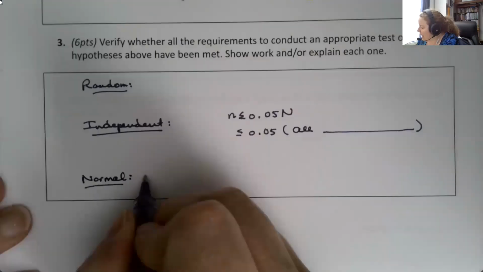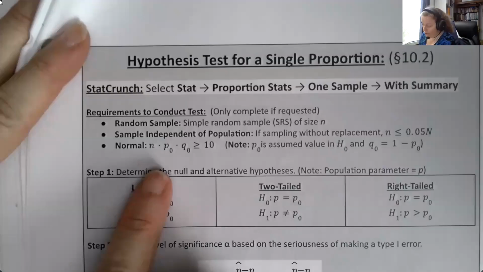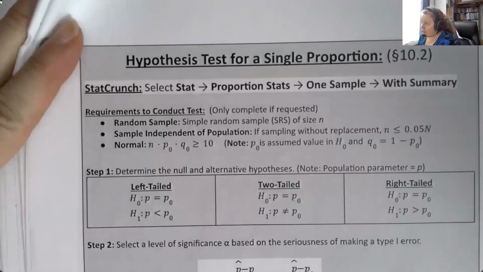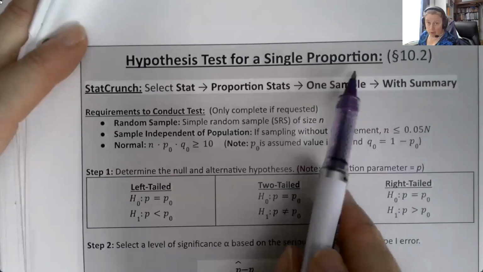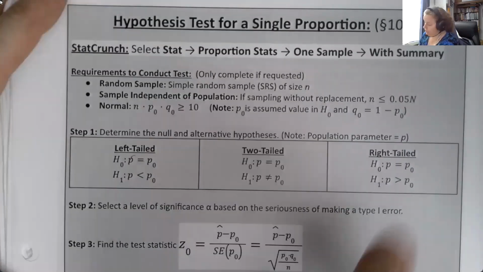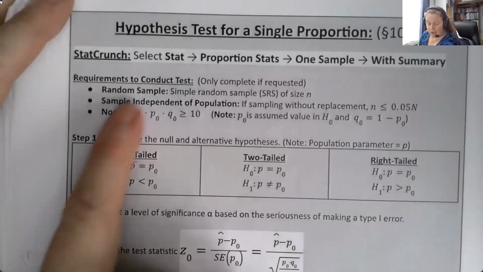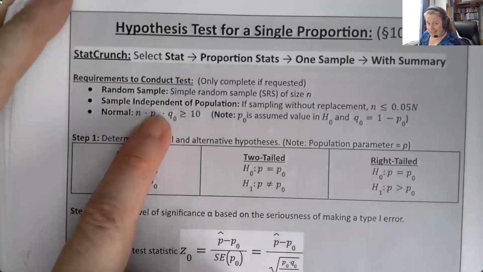Make sure you do n times, no, this is a test, right? We're going to run into this today as well a little bit. So for hypothesis tests for proportions, they're the one thing that's a little weird. It says it right here, hypothesis test for a proportion, which is what we're doing. We're doing p greater than, a right-tailed test right here. So it says to check random, independent, normal. See how it says p0? Then you better use p0, right?